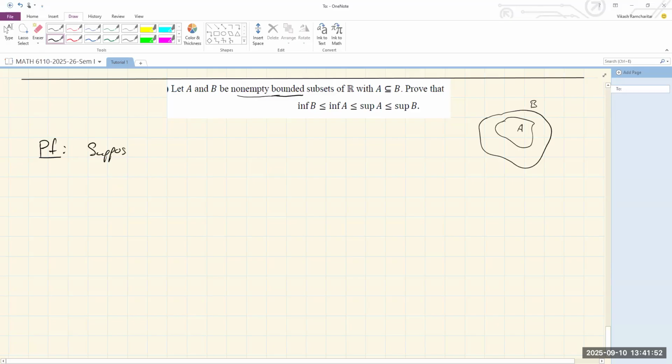So suppose A is some subset of B, and both A and B are non-empty and bounded.